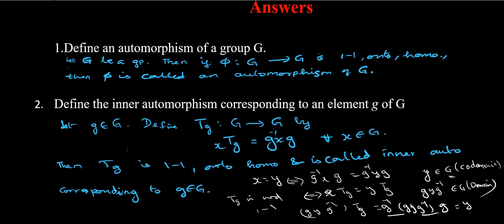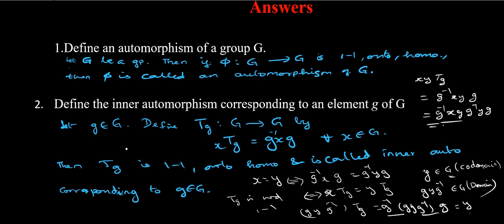For homomorphism, we will prove like this. We'll consider two elements, say x and y. The image of xy under Tg will be g inverse x y g. We can introduce here g g inverse, so that using associativity, we can have this to be g inverse x g times g inverse y g.